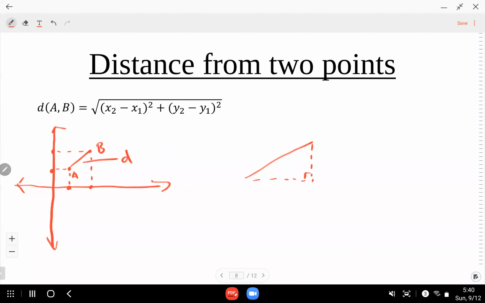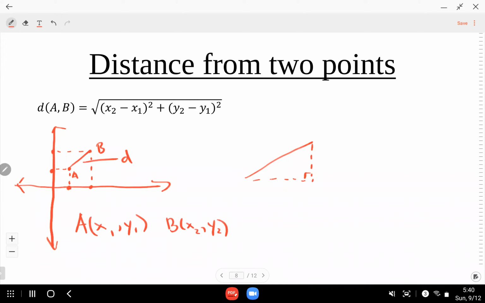And from the Pythagorean theorem, we can get this distance formula. All right, so let's say that A is x1 and y1, all right? And B is x2 and y2, all right?